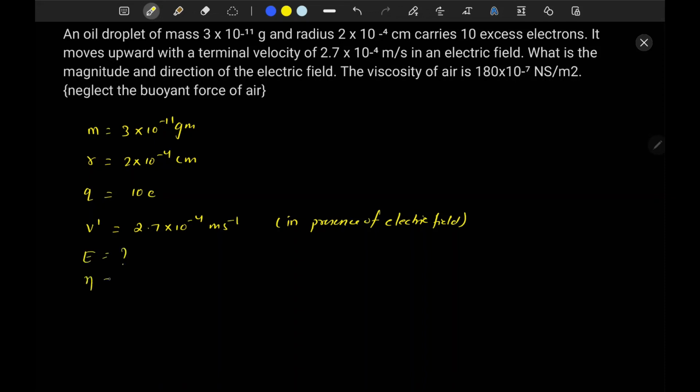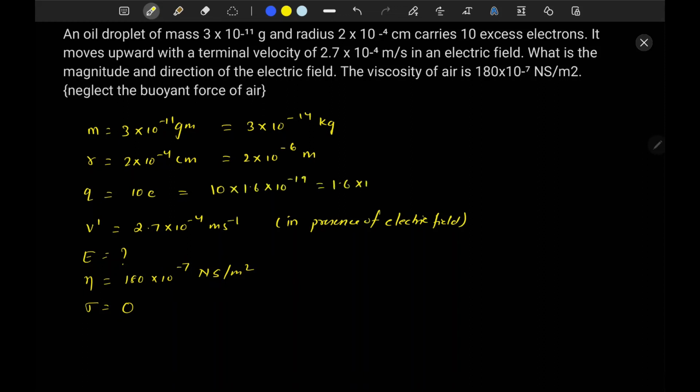The viscosity of the air is given as 180 into 10 power minus 7 newton second per meter square, and the buoyant force of air is neglected, that is 0. Density of air is considered to be 0. First we will convert all these values into SI unit. The charge is 1.6 into 10 power minus 18 coulomb.